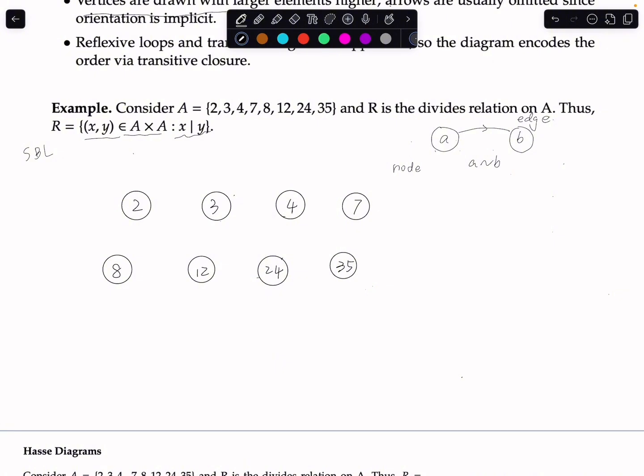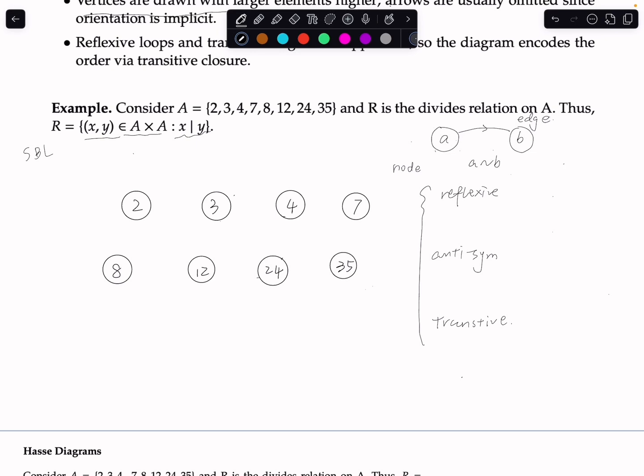Firstly, let's recap the properties of a poset: reflexive, antisymmetric, and transitive. We're going to go through these three properties to see how they help us construct the Hasse diagram.